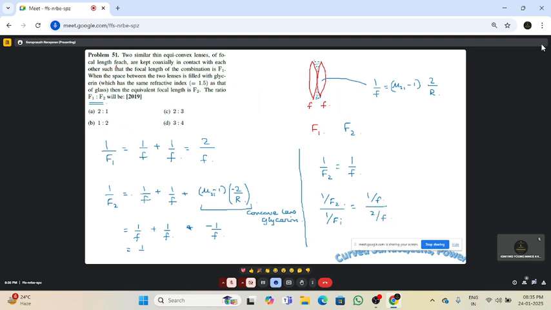This will become f1 by f2. f cancels, so I'll be getting 1:2. So this is nothing but f1 by f2. 1:2, this should be the correct answer.